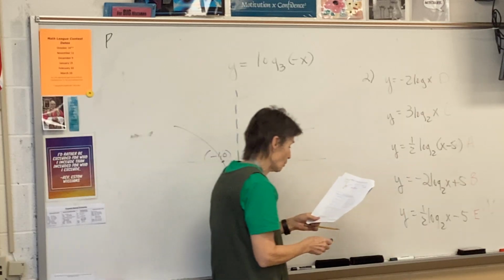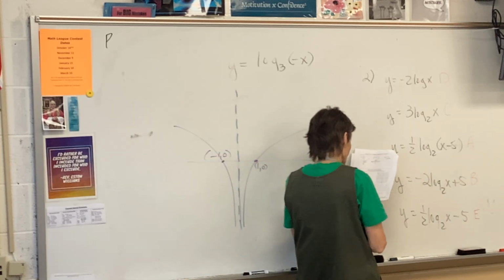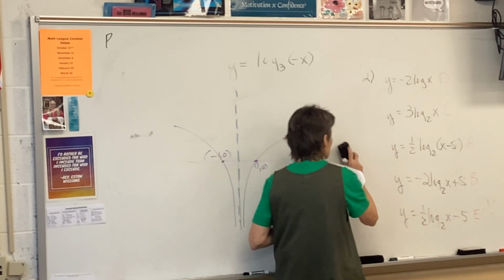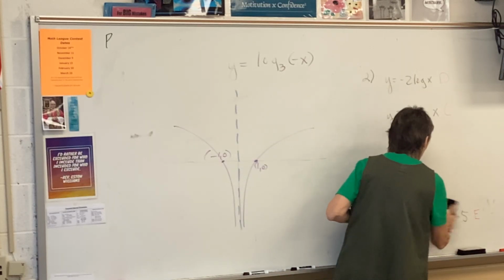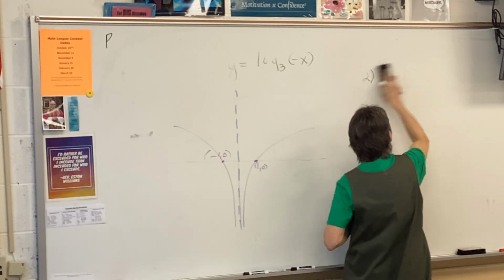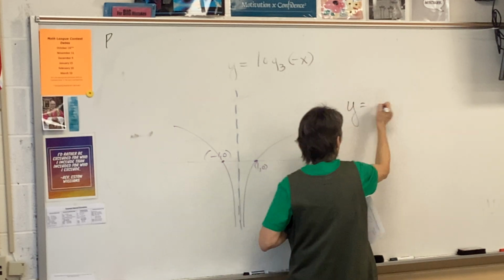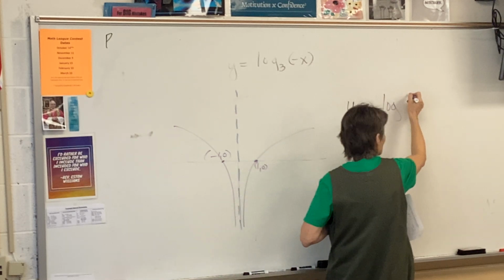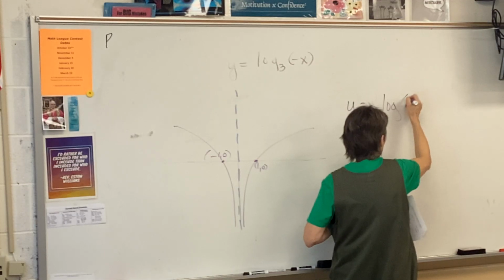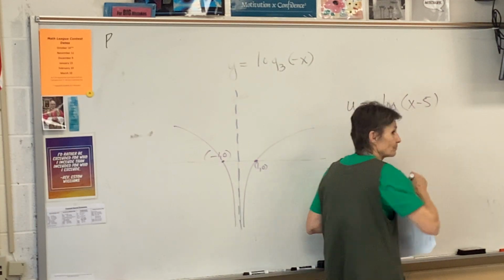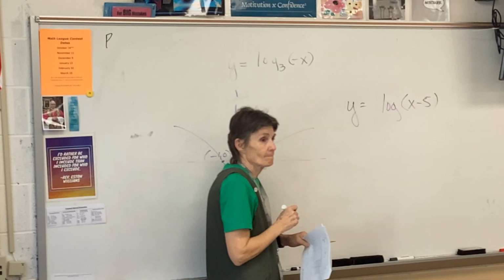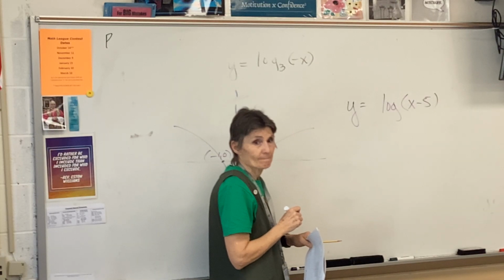All right, and the last one, write an equation for a logarithmic function that has a vertical asymptote at 5. Okay, let's just stop right there. If the vertical asymptote is at 5, what do we know? x minus 5. Right?